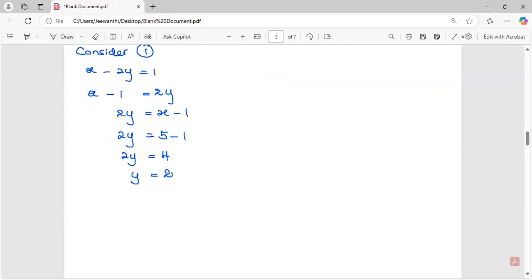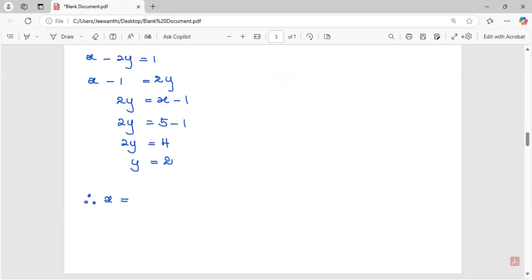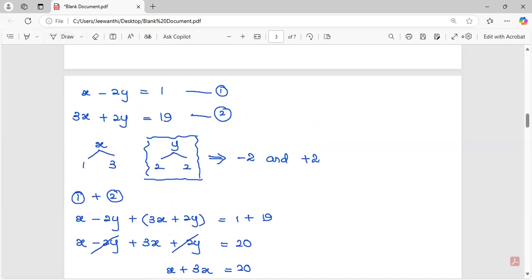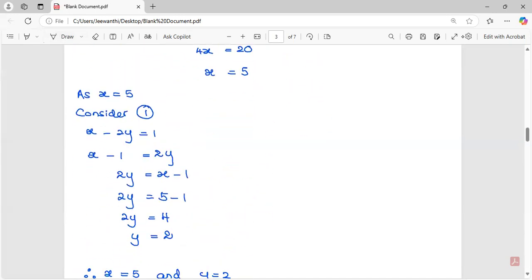Right? So then we conclude, therefore, x is equal to 5 and y is equal to 2. So quickly I move to my working column and I take the other equation, 3x plus 2y.